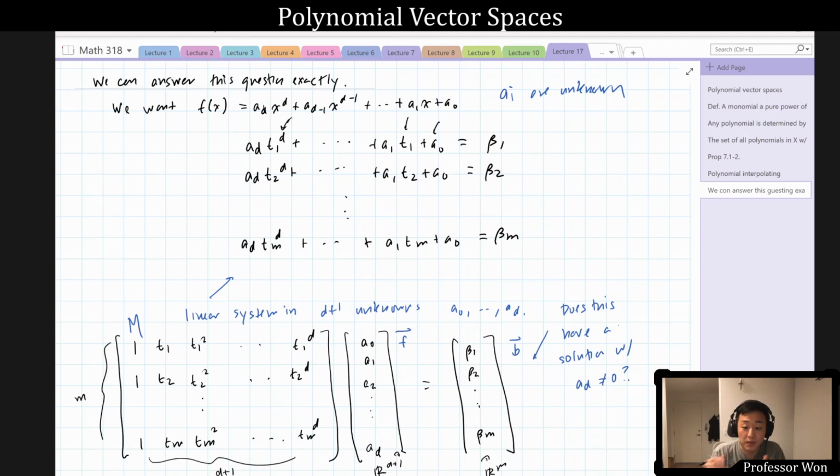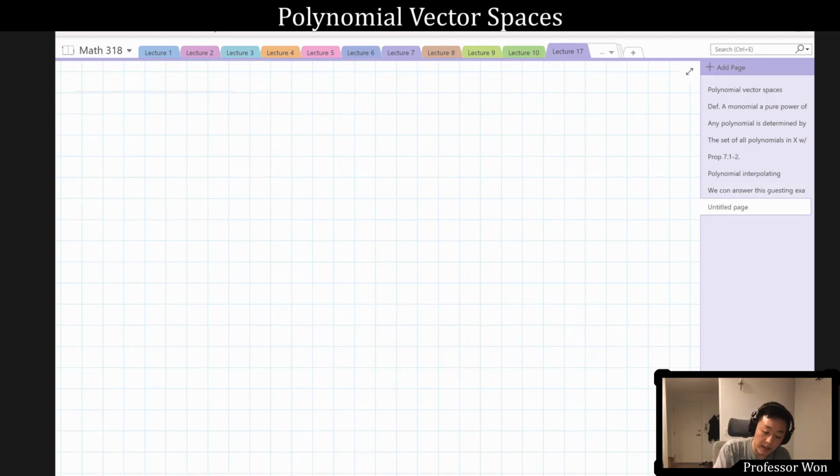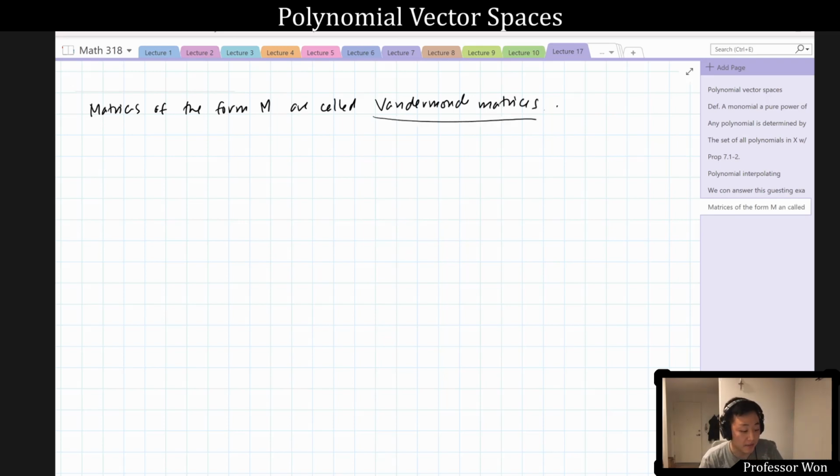Their properties are really well studied. So matrices of the form M on the previous slide are called Vandermonde matrices. And you can just Wikipedia Vandermonde matrices, and you'll see that they're very well studied and very well understood.